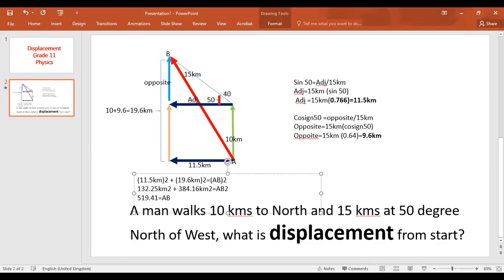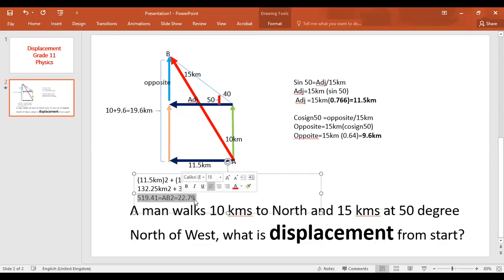AB square, which means AB is equal to the square root of 519.41, which is 22.79.